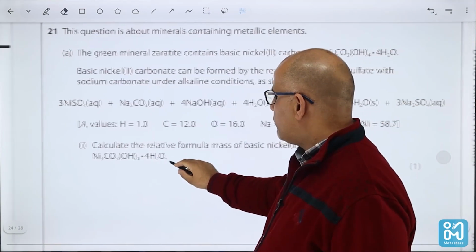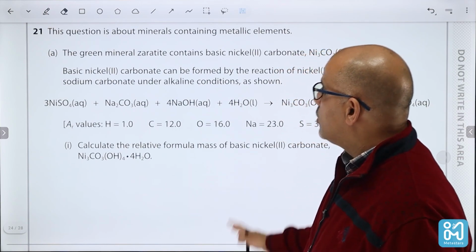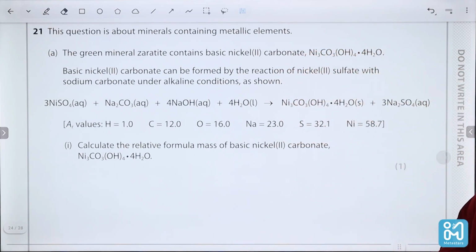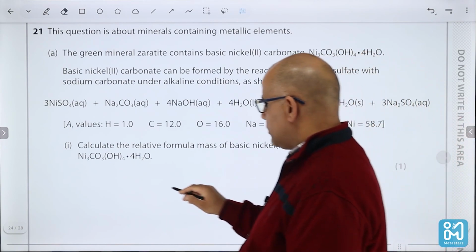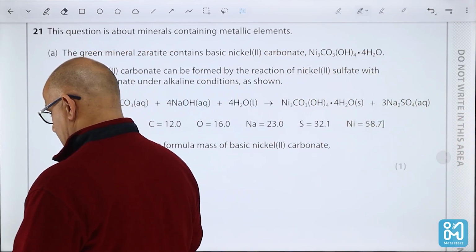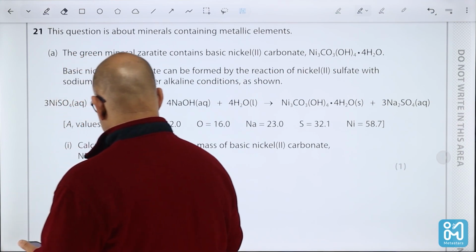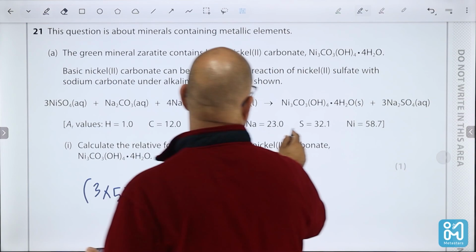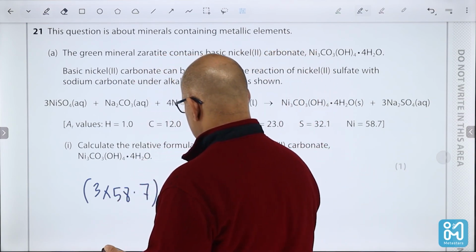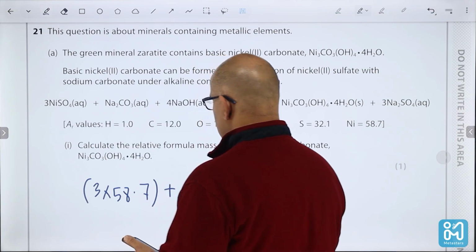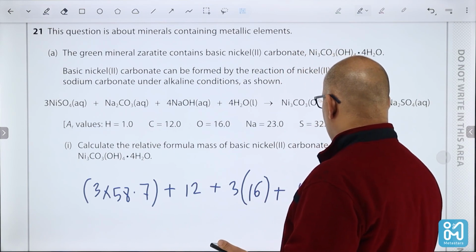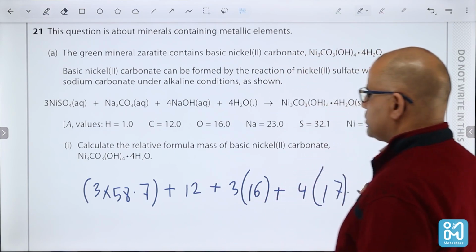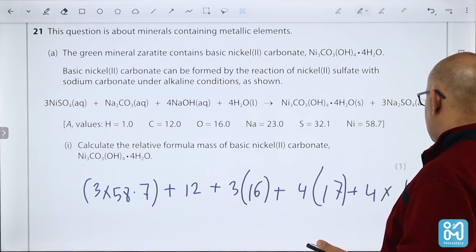You can find the molar mass of this structure by adding the atoms and their numbers: 3 times 58.7 for nickel, plus carbon, which is 12, plus 3 times 16, plus 4 times 17 for the 4 hydroxide, plus 4 times 18.